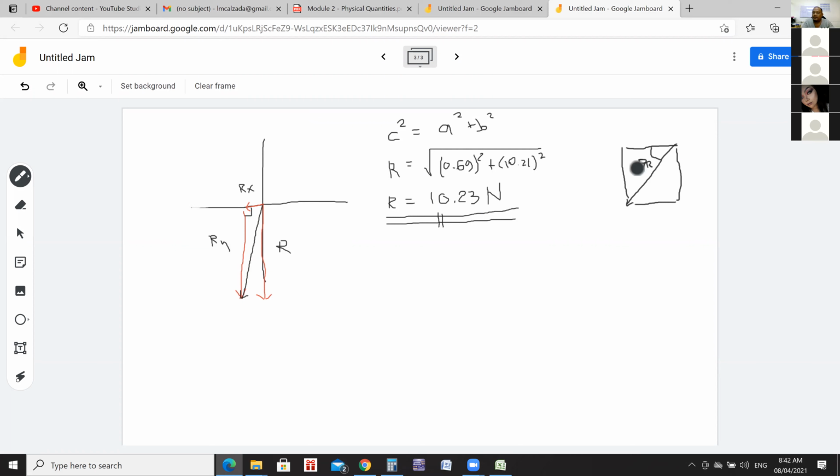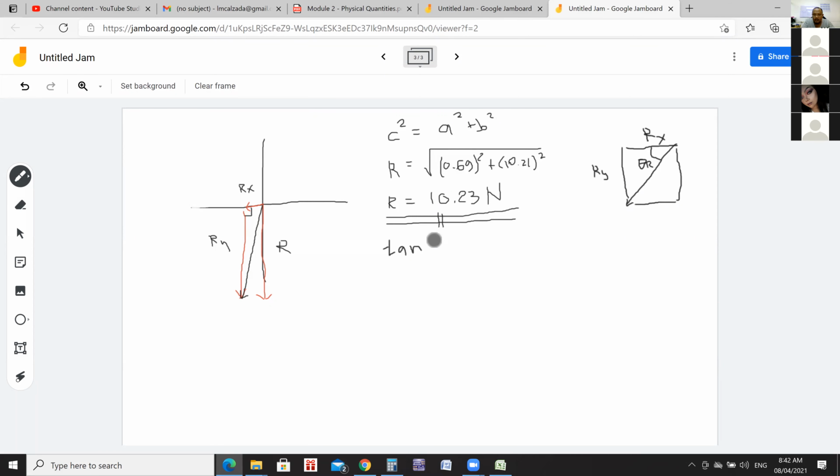Now what is your theta R? We can make use of this. This is RY, and this is RX. Which function will you use? Tangent. Opposite over adjacent.